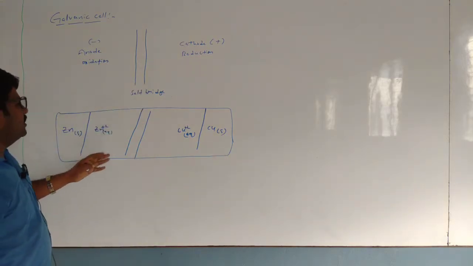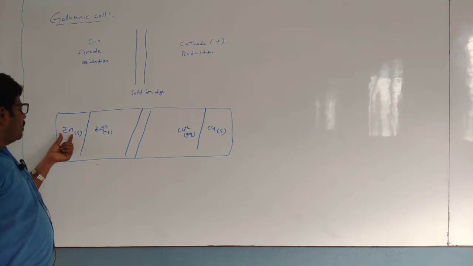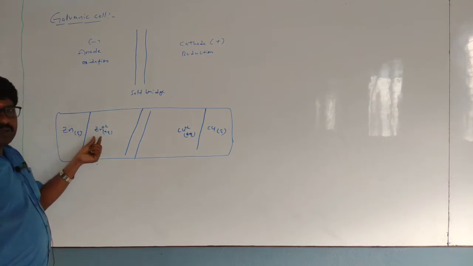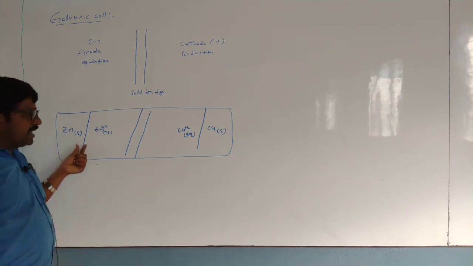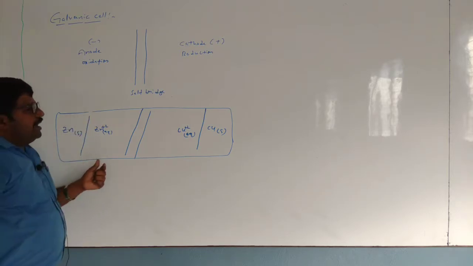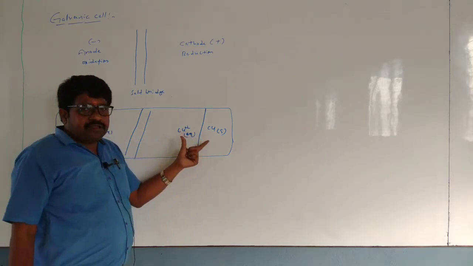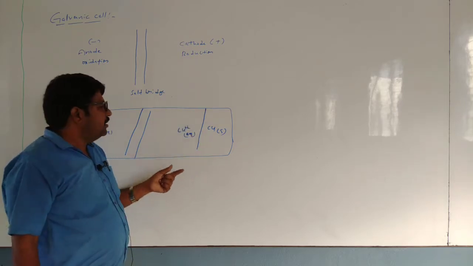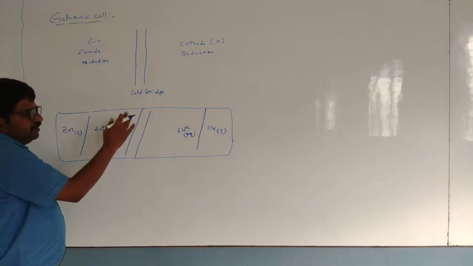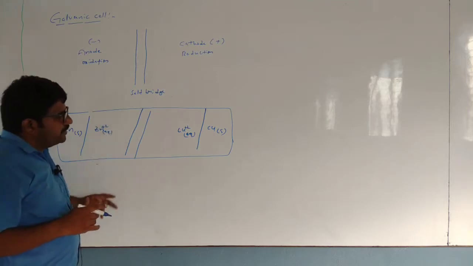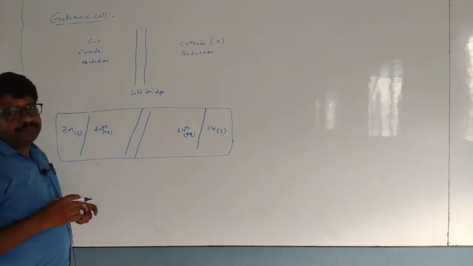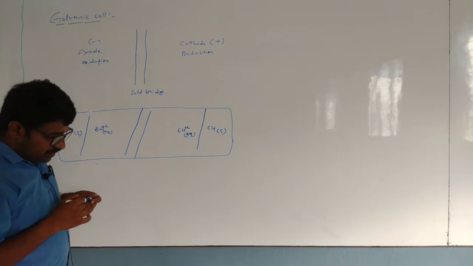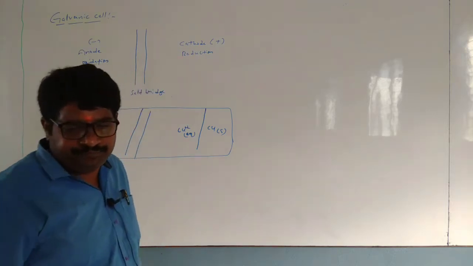Solid form and ionic form are separated by a single line, the cathode also, and the two half cells are separated with a double parallel line. What does this double parallel line indicate? Salt bridge. So this is the representation of a galvanic cell.